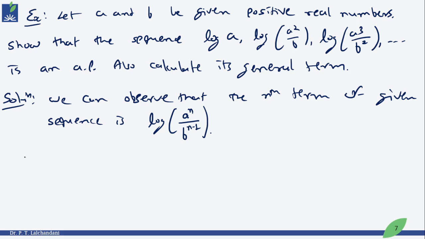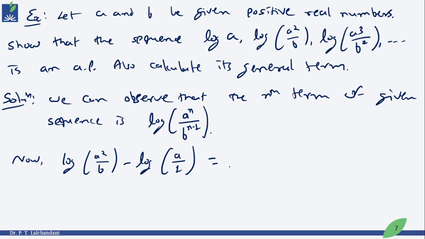Now let us find out the consecutive difference. So log a squared upon b minus log a upon 1. This is equal to log of a squared upon b multiplied by 1 upon a.